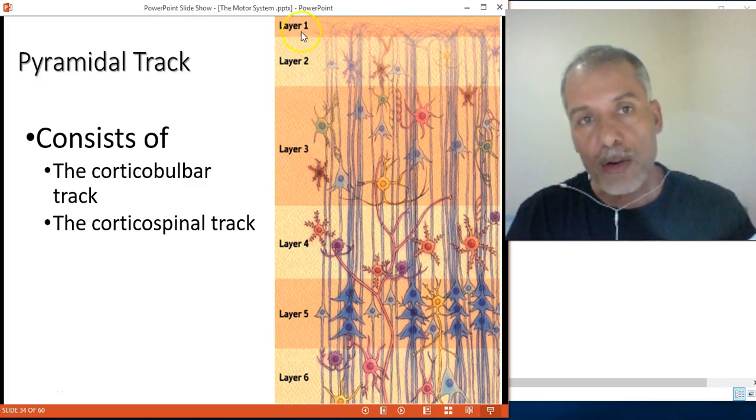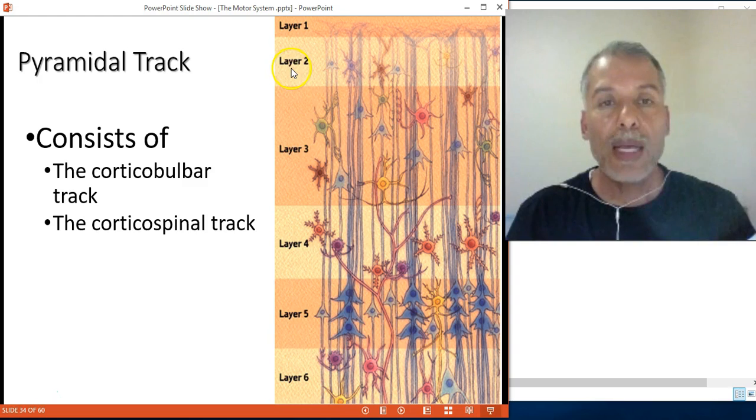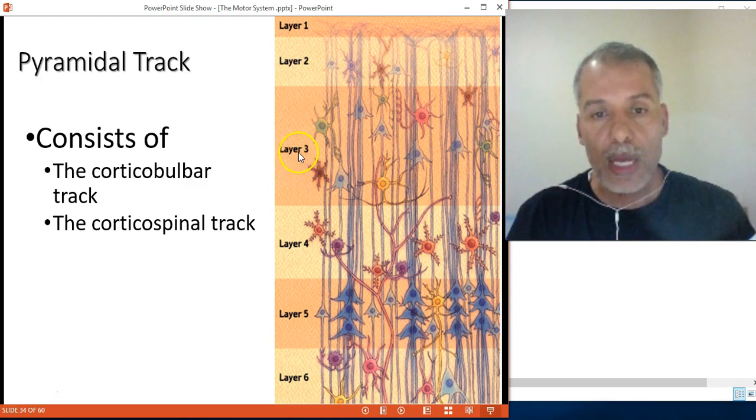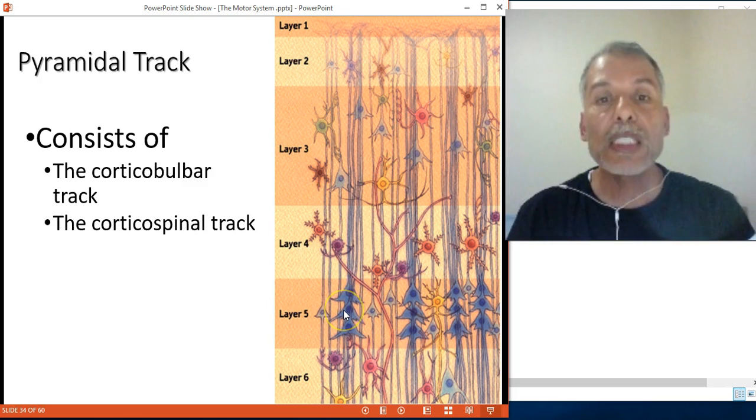and you'll find that it has 6 layers. Each layer has a particular kind of cells that live in it. As you go to the 3rd layer, and particularly the 5th layer, you have these pyramidal cells. They look like a pyramid. These are the biggest brain cells in the body.